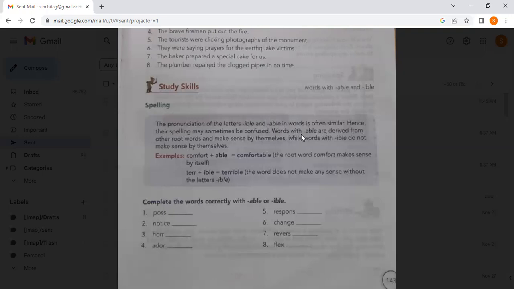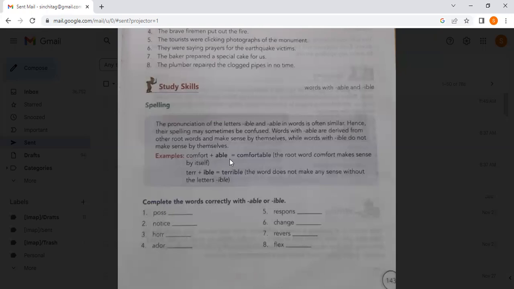Words with able are derived from other root words and make sense by themselves, while words with ible do not make sense by themselves.